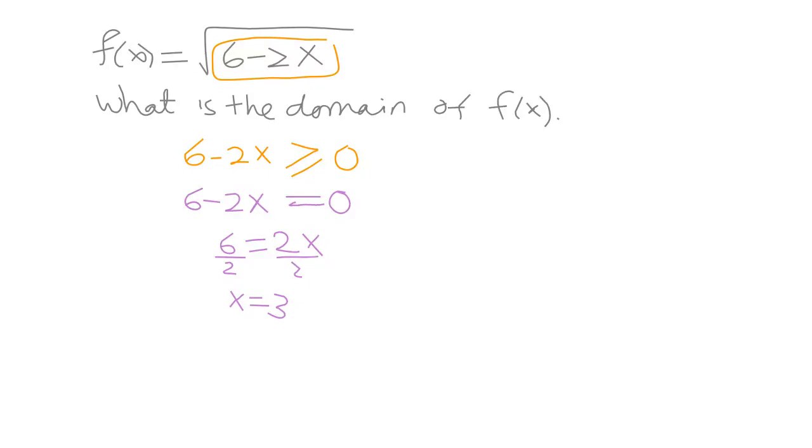Do we have to include 3 in the solution? Yes, you have to, because we have equals in this case. So the solution will be the part of the real line to the right or to the left of 3, including 3.